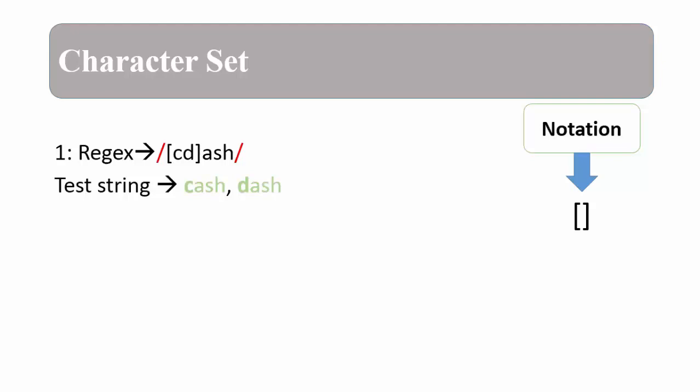Why? Because the first time when we apply it for cash, it's going to pick C from the character set of CD. So it will make cash. Then if I add some test string to be dash, then it's going to pick D from the character set and ASH from the rest of the regular expression.